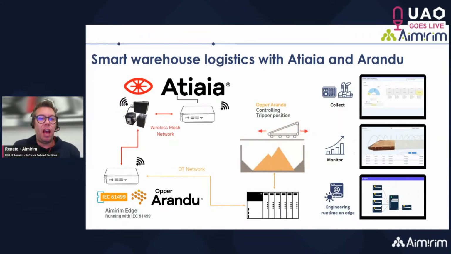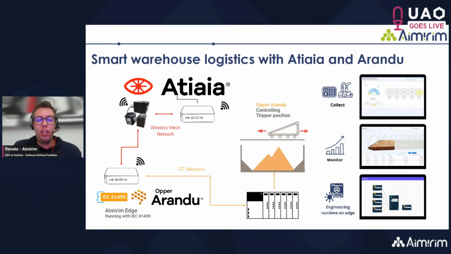Here you can see our product, which is a Tiaya, which is a LiDAR that we built, certified, it's explosion proof, and this LiDAR collects the data of the stockpiles. Once the data from stockpiles are collected by the LiDAR, this sends the information to the cloud. And once this information is on the cloud, the information is sent to an edge device, which is plugged on the controlling tripper positioning.